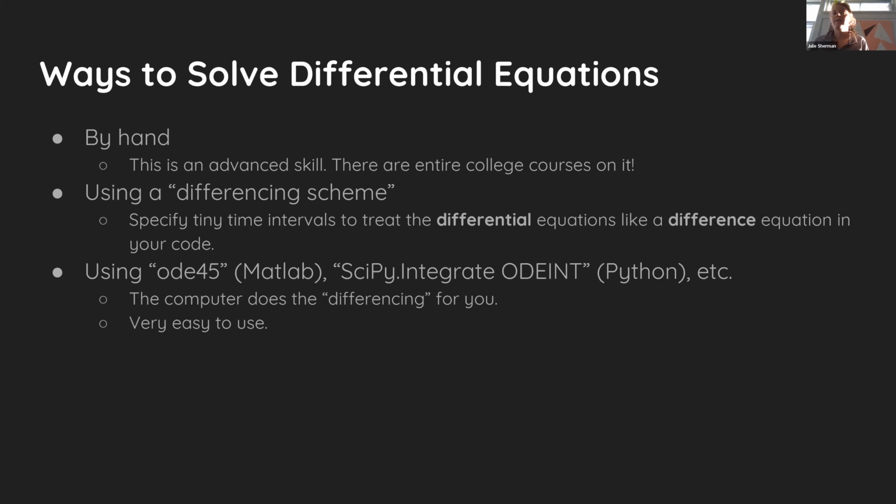However, there are some given functions in MATLAB that will do the solving for you, basically turning it into a difference equation for you with some fancy tricks to deal with certain problems that come up when you're trying to solve them. And they're pretty easy as long as you know how to use them. But once again, stick with whatever you're comfortable with, especially in the competitions.